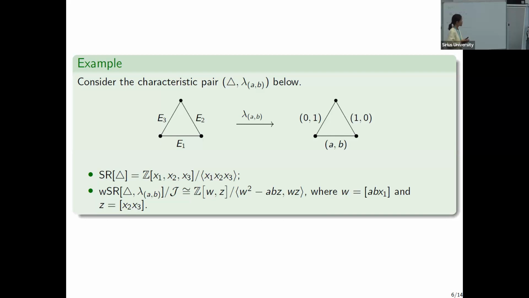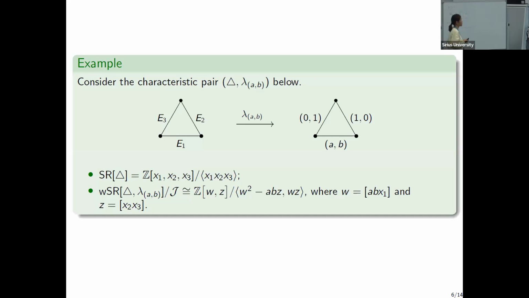For the triangle, only the 3 edges E1, E2, E3 have empty intersection. So we quotient out the ideal generated by x1 x2 x3, and you can work out the weighted Stanley-Reisner ring modulo the linear ideal generated by J. And in this case, we can find the 2 generators: W is given by ab x1, and Z is x2 x3. I use this bracket to denote that they are quotiented out under this linear ideal J.